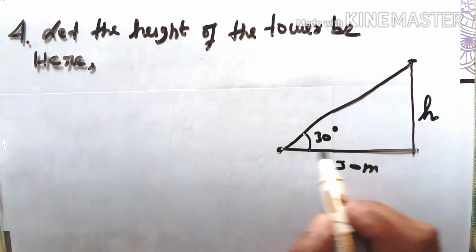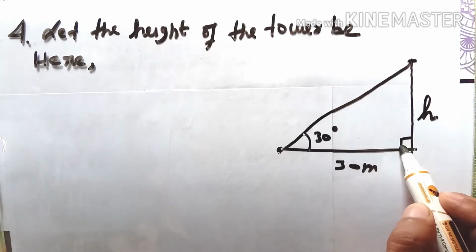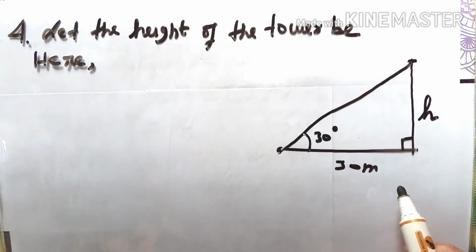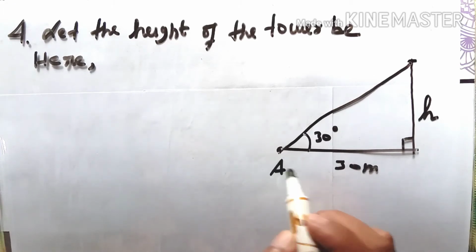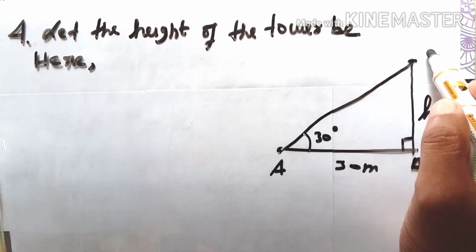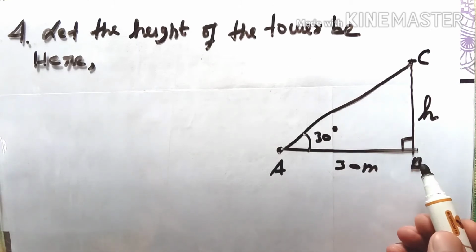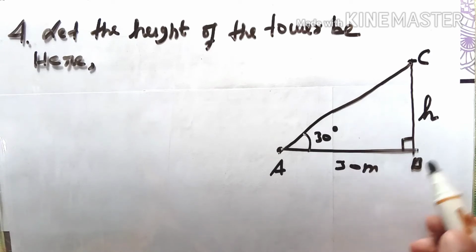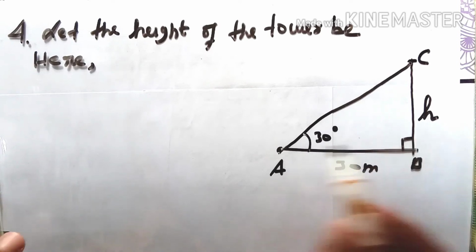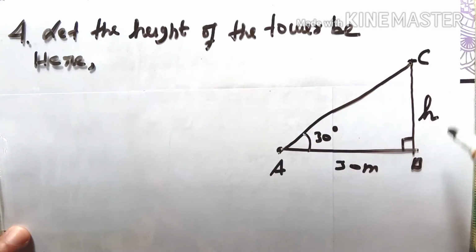And after that the ground and the tower always form a perpendicular. So now you can name it any letters. So consider here ABC is a right angle triangle, right angle at B. So now with the help of this diagram we need to find the height of the tower. So let the height of the tower be BC.